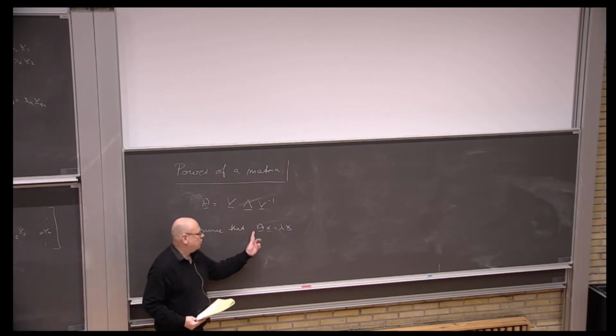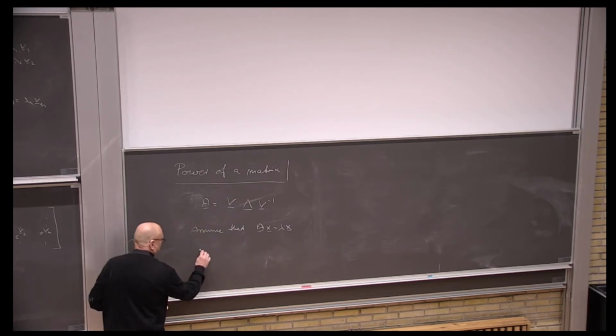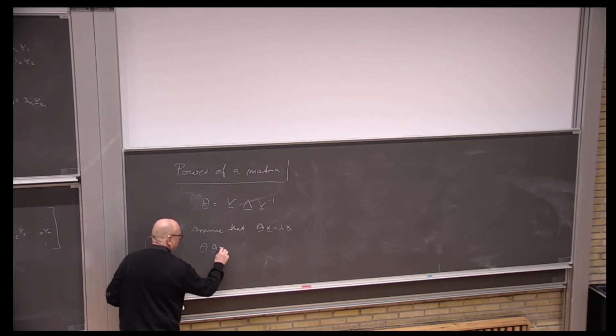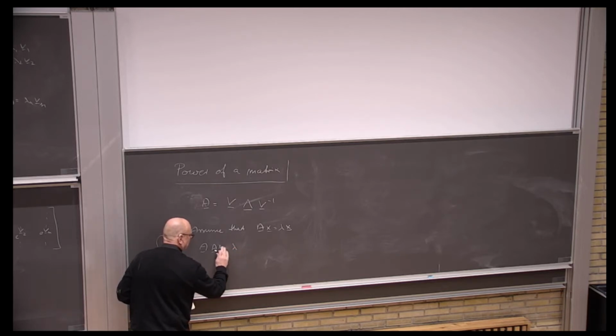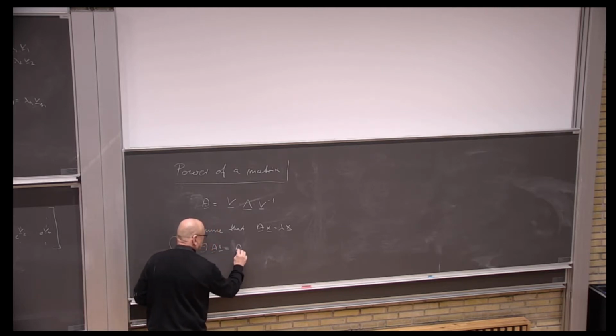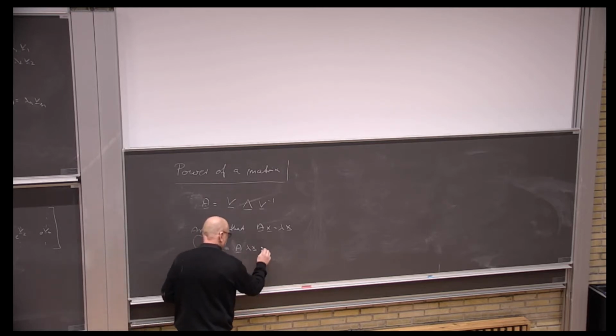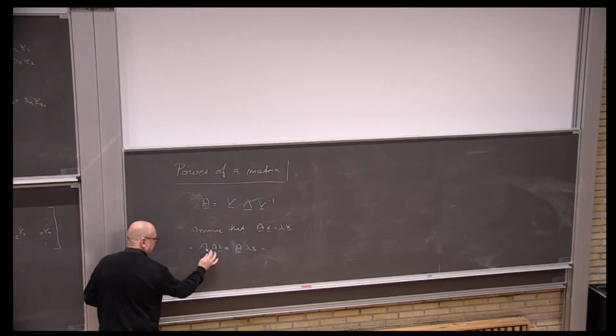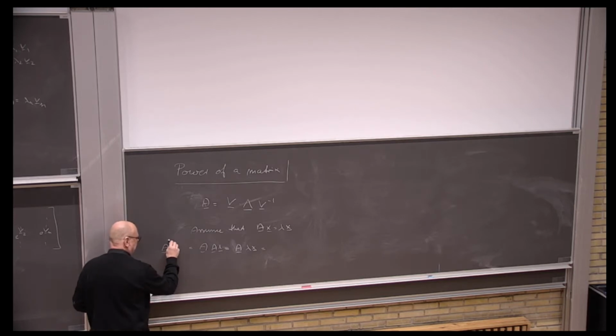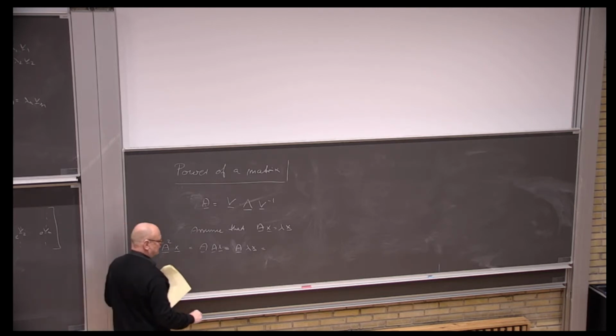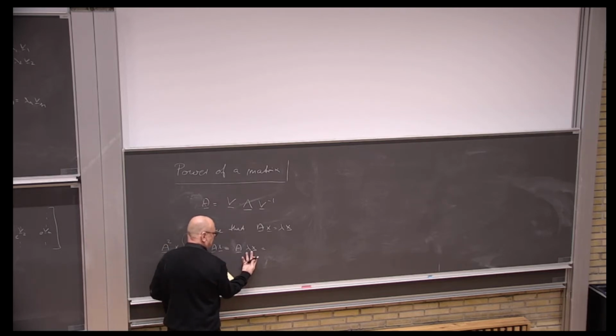Now we can pre-multiply this equation by A. You have A times lambda x, and I can write this as A times A, I can write it as A squared times x, and here I can interchange the lambda.